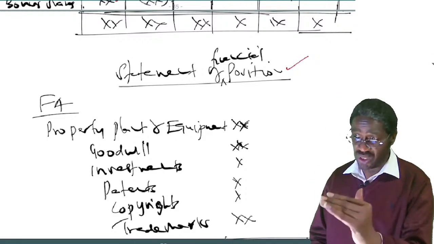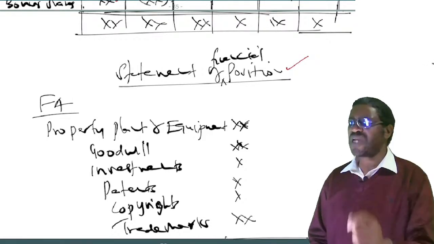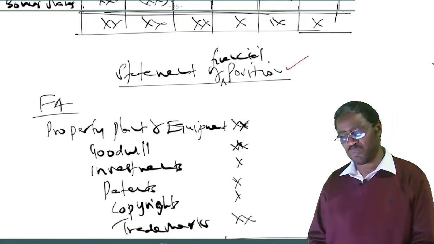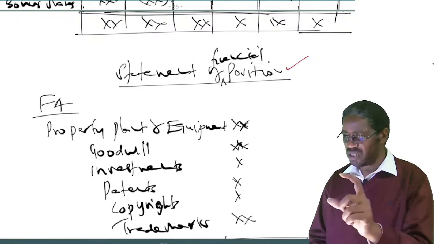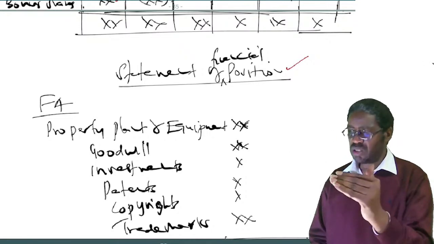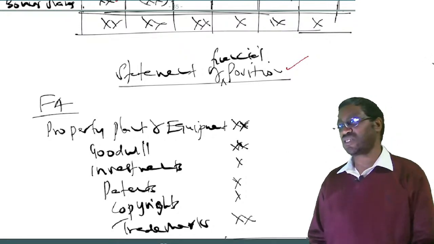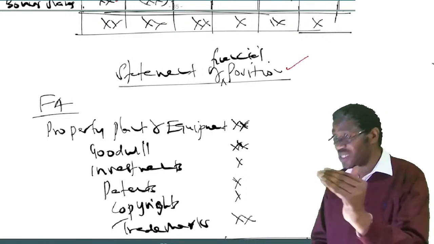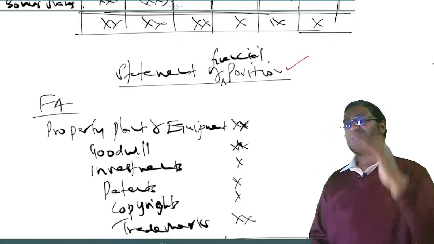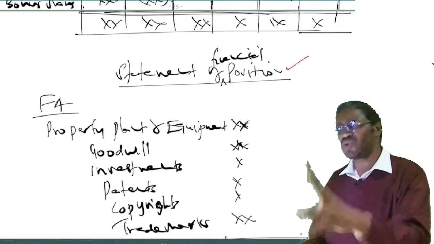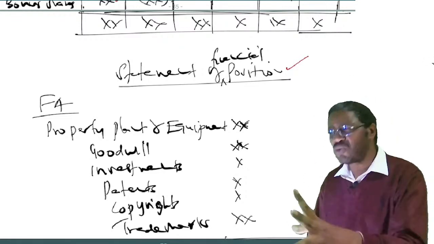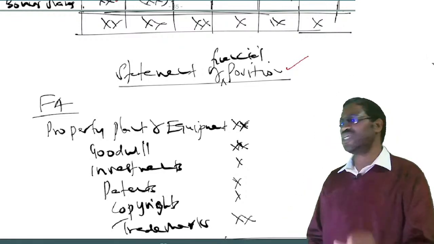The point was this: when you are preparing a balance sheet for publication purposes, do not tell the readers of your financial statements that the value of motor vehicle was this, furniture was this, land was this, building was this, office equipment was this, and so on.